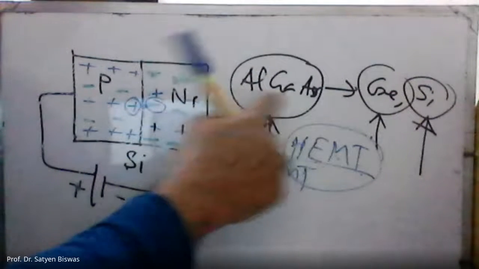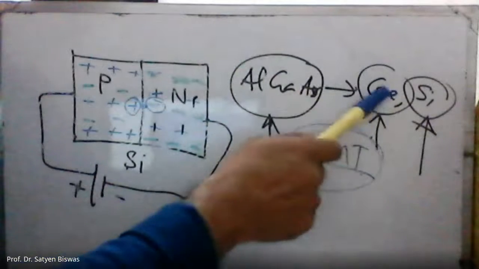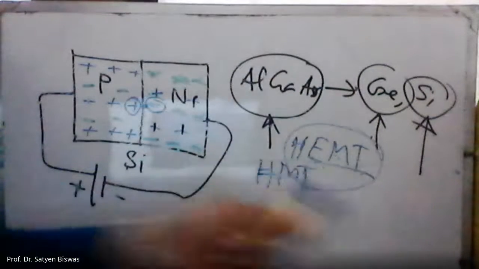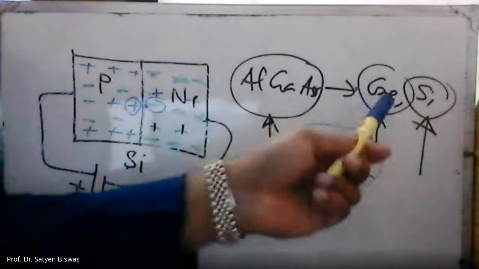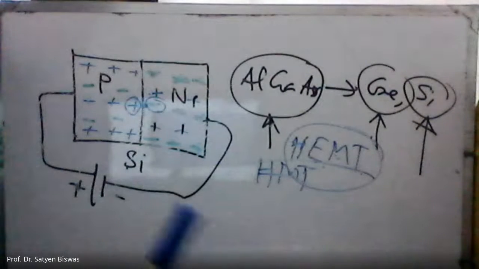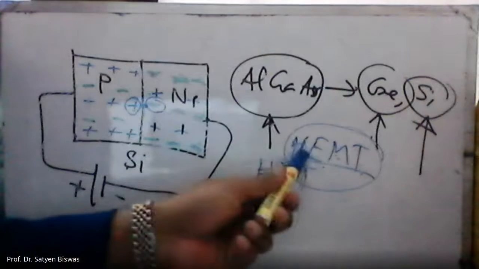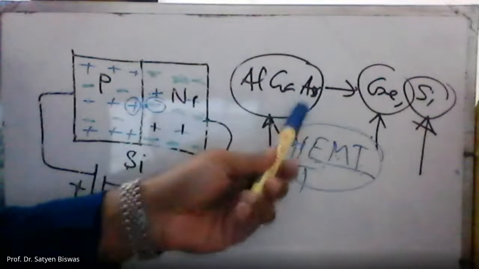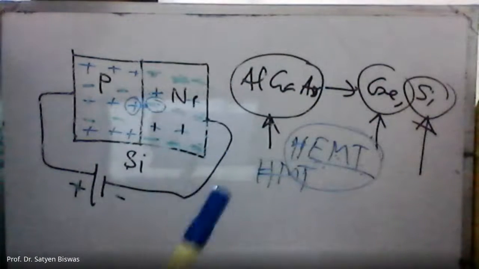You cannot make this kind of transistor using an individual material. You have to use a compound, made out of three different materials combined into one material. That's why this is expensive.